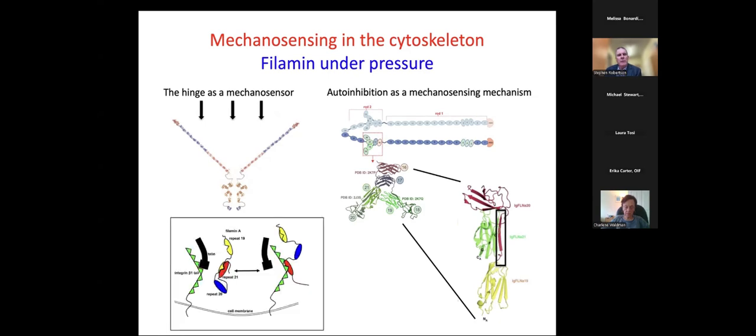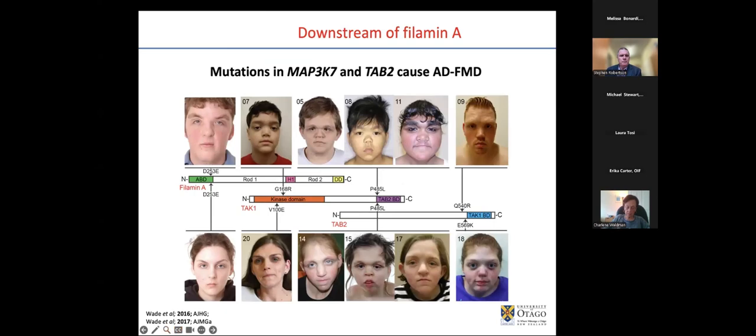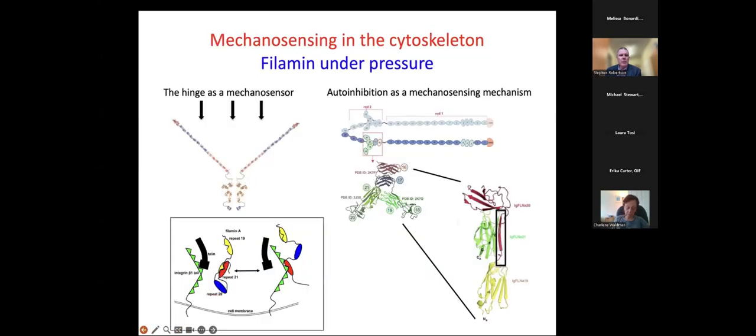And parts of this unfolding filamin rod domain can therefore expose accessory sites with integrins and with talin as other mechanosensory components of the mechanosensing apparatus of cells within the skeleton.